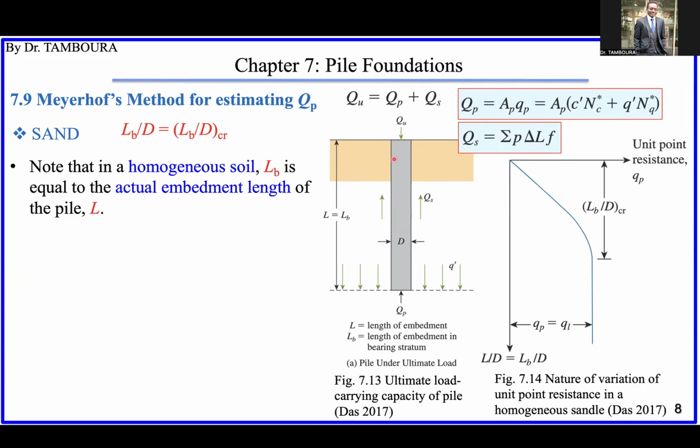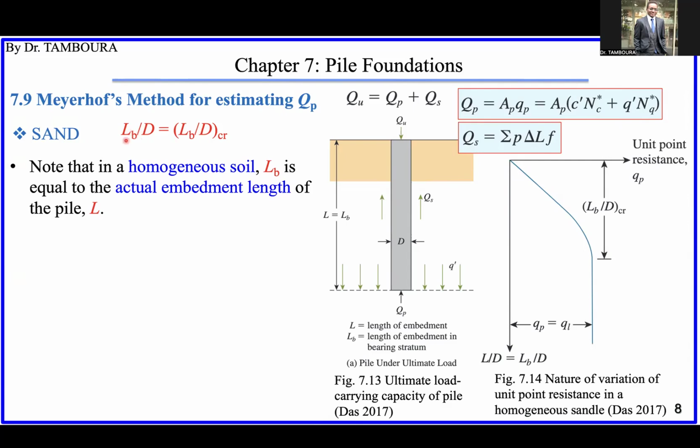It means the total embedment of the pile is taken as LB. Be careful, this LB doesn't mean the embedment of the pile in all cases, except in the case of uniform ground. If you have homogeneous soil, then the actual embedment of the pile is also LB.